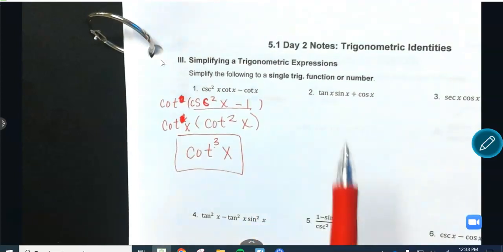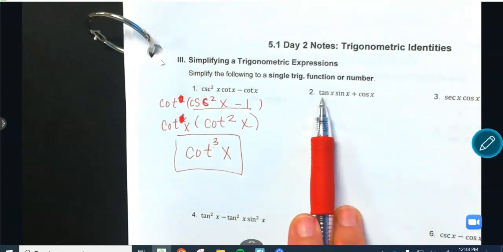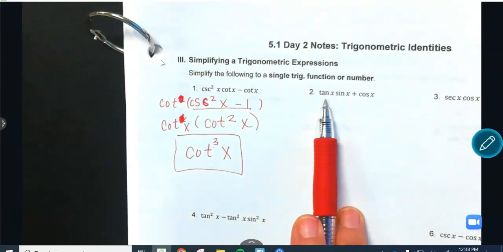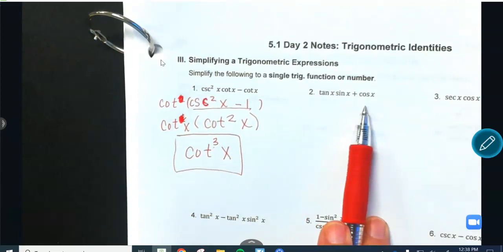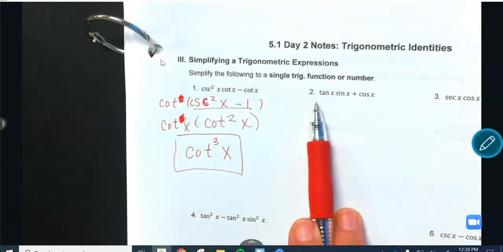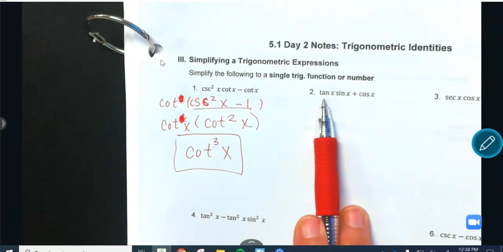So on problem 2, let's look at problem 2. I have tangent, I have sine, and I have cosine. I have 3 different trig functions. I cannot rewrite cosine to look like tangent. I cannot write sine to look like tangent, but I can rewrite tangent.